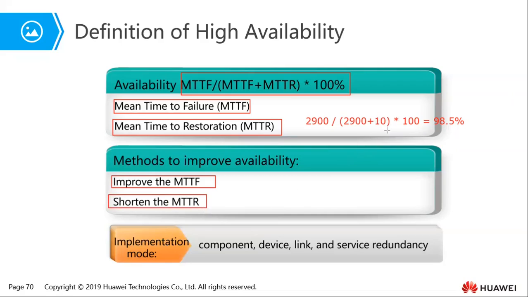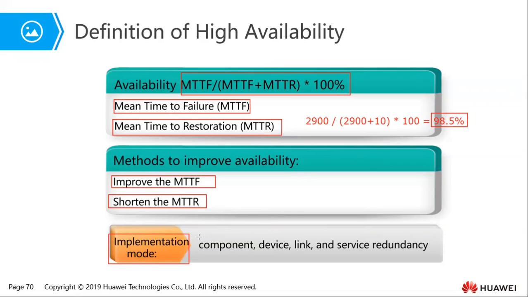So if you're taking 10 hours in a year to restore your network, can you reduce this to 5 hours? So when you do that, then overall, it improves that particular percentage. Now, how do you improve MTTF? How do you improve the mean time to failure?